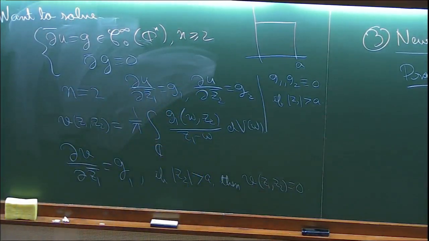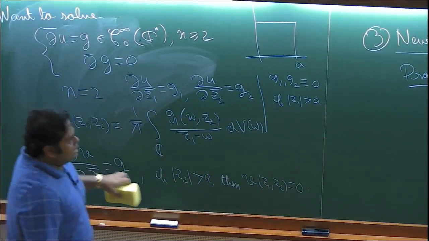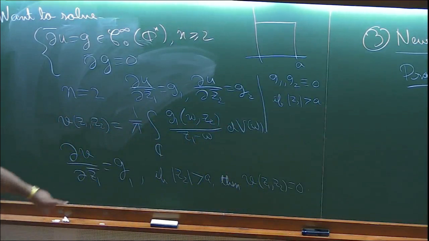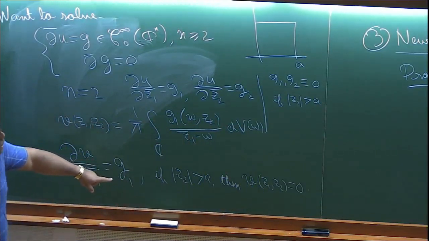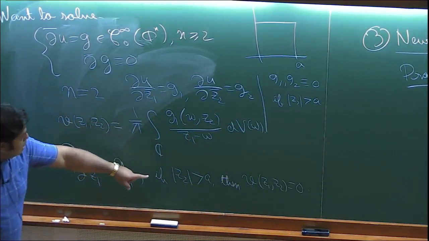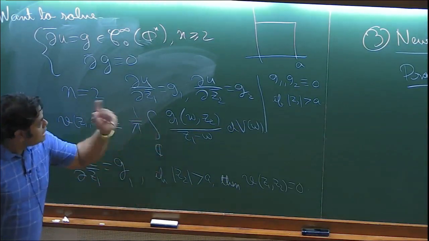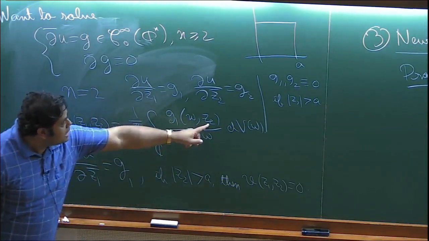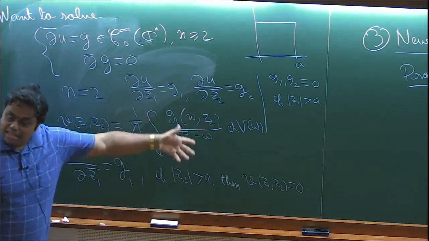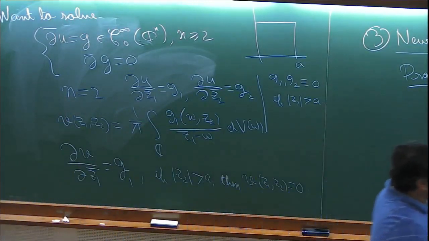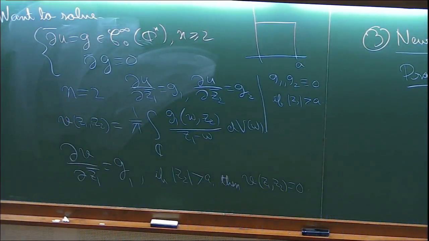Why is this the case? By the definition of v, if you make z2 bigger than a, the numerator in the integral is 0, you're integrating 0, so you're getting 0. Okay, so let us save this new phenomenon and move on.